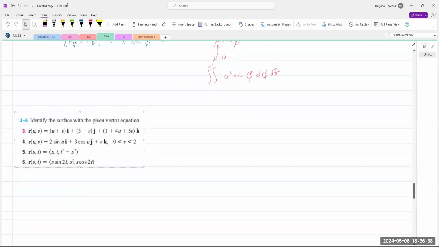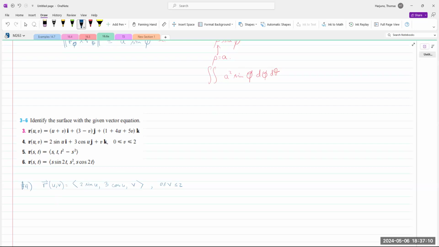Okay, now number 4. The question is to identify the surface r(u, v) equals 2 sine u, 3 cosine u, v, where v is from 0 to 2. We need to identify only.